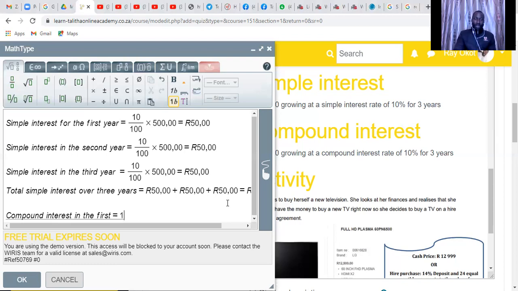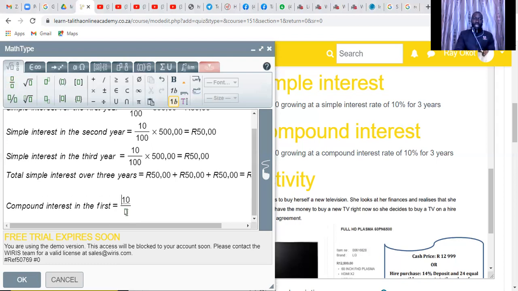So we are going to be having 10%, that is 10 divided by 100, times the amount of money, which is 500. What is that? That is 50.